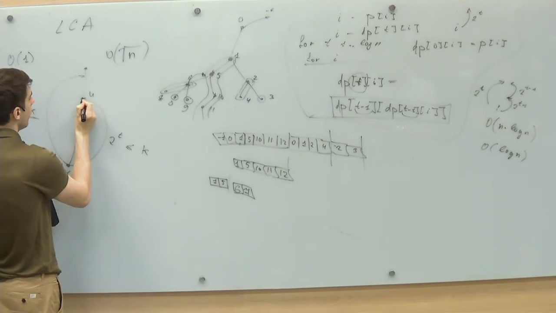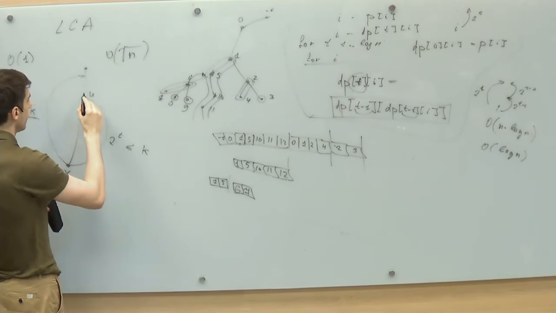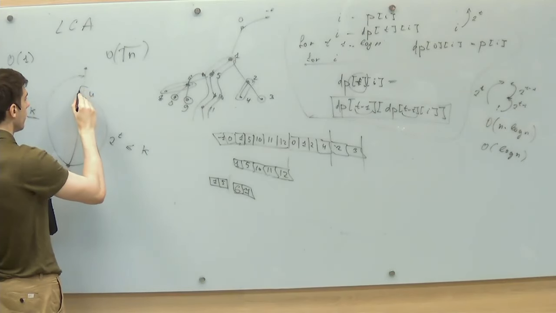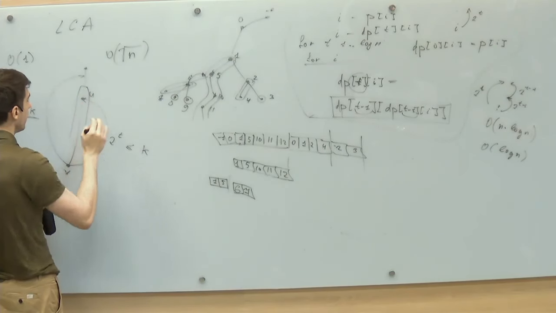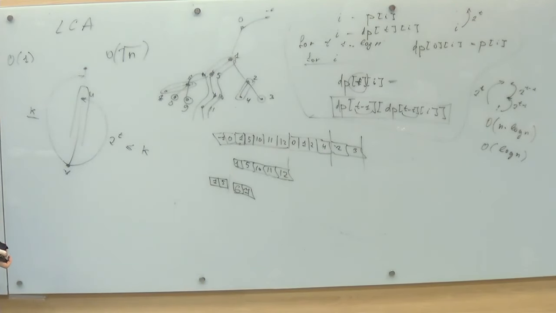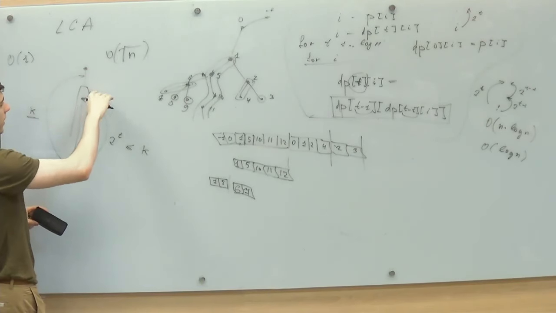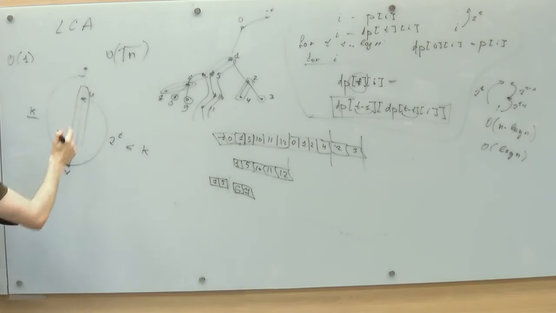Now we are looking at the longest path of U. Our ancestor may still not be included in this path, because we don't know anything about what is above this vertex.